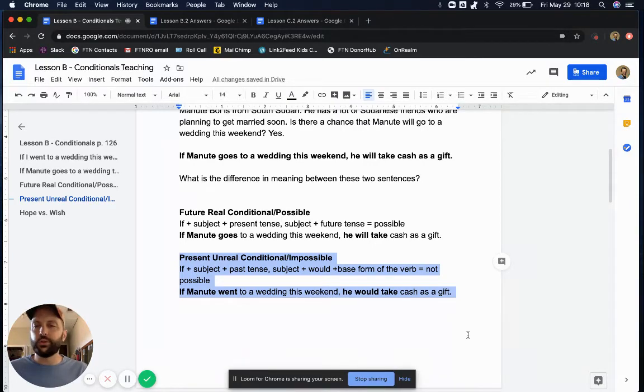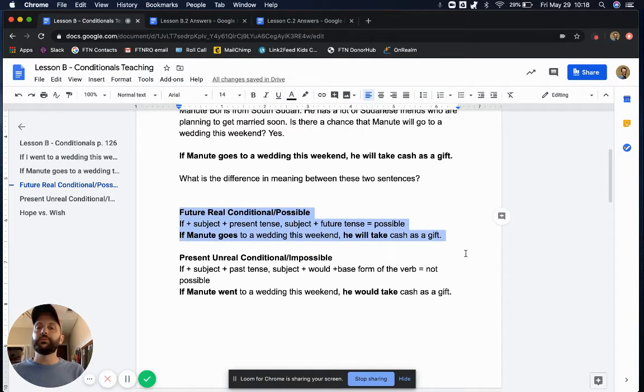That's what he does in his culture. But he's probably not going to go to a wedding this weekend. So we use past tense and would. If he is going to go, or there is a good possibility that he will, we say if Manute goes, he will take cash as a gift. We use present tense with will. Okay?